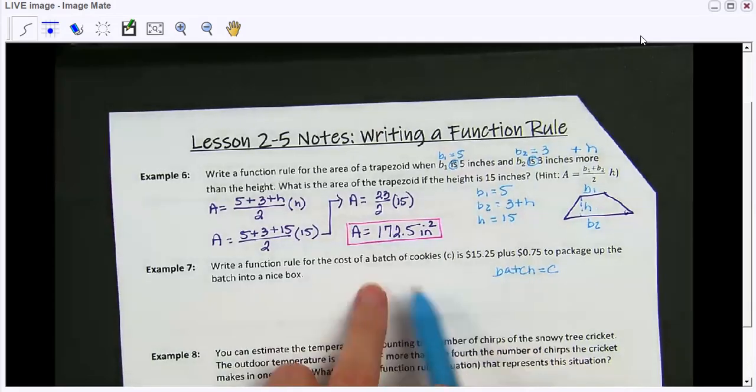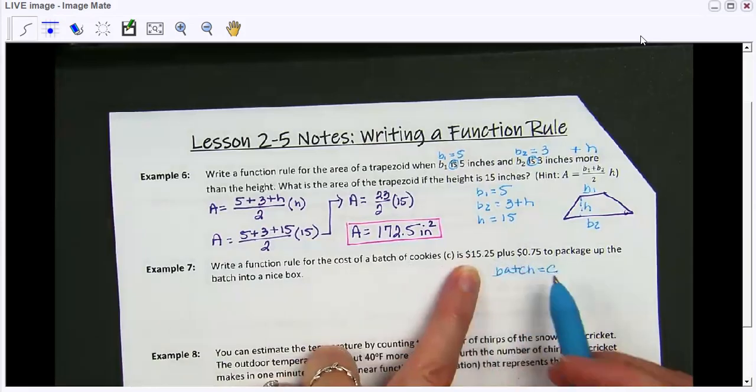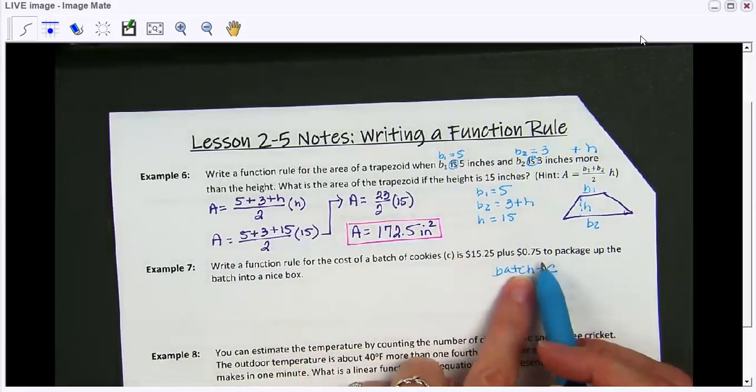So every batch you buy is $15.25. You have to tack on another 75 cents to package it up all nice and neatly.